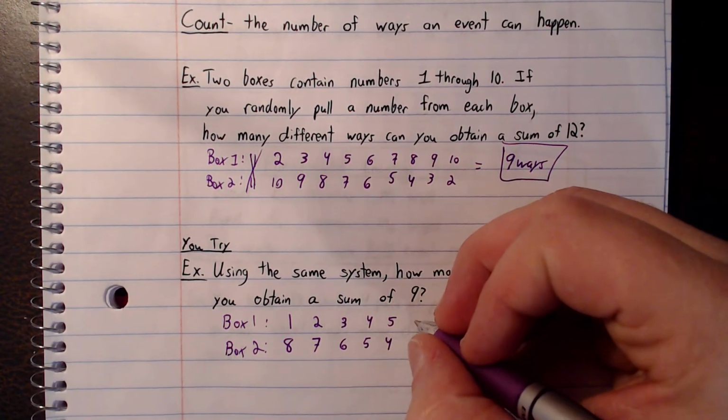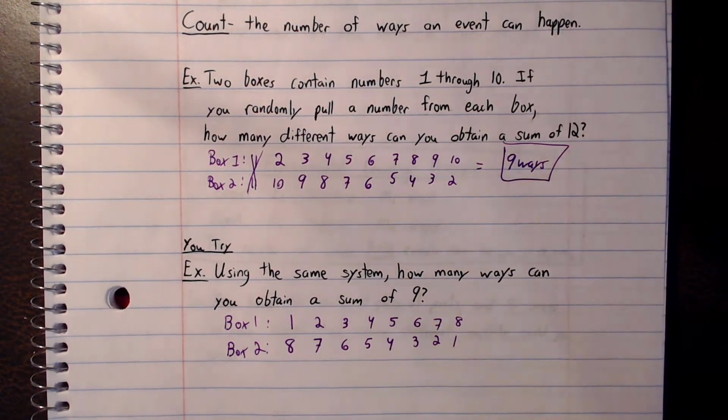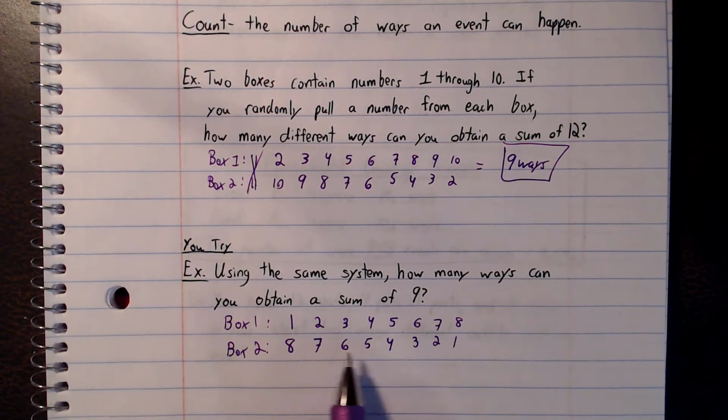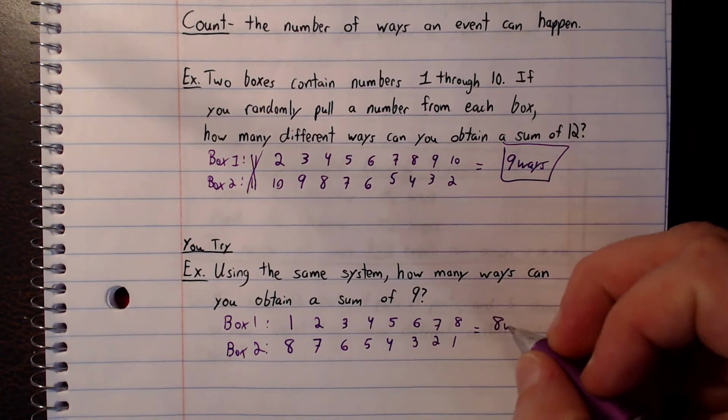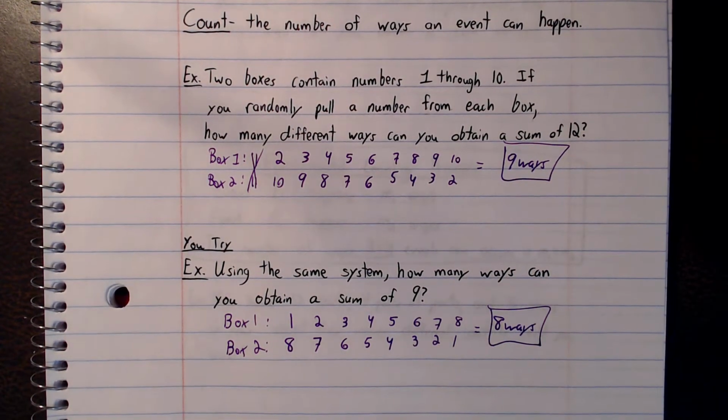A 5 with a 4, a 6 with a 3, a 7 with a 2, an 8 with a 1. I can't pull out any 9s from either of these because there's no 0 to add to it. So these are all the ones that I want to check. There's 1, 2, 3, 4, 5, 6, 7, 8 ways that we can pull out a sum of 9 using that system. Okay, so far not bad, right?